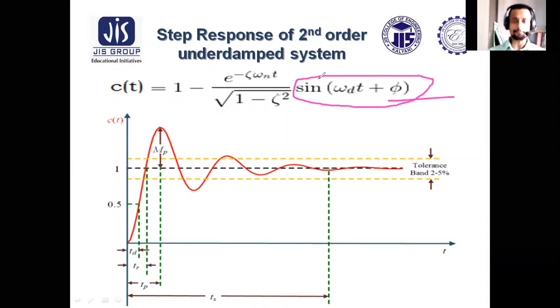But this sine part is associated with an exponentially decaying component, so it is a damped sine wave with exponential decay. But as this exponential decay is subtracted from a constant, it will be exponentially increasing.